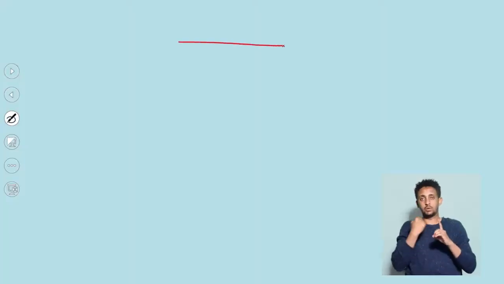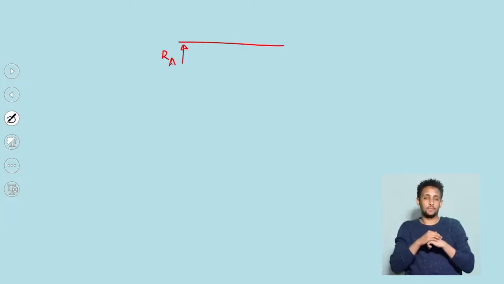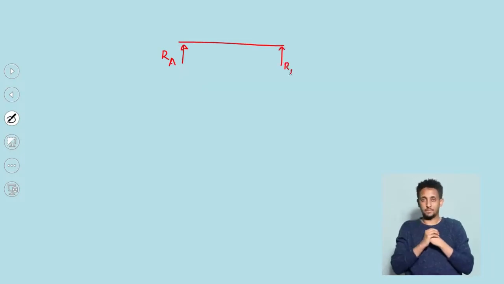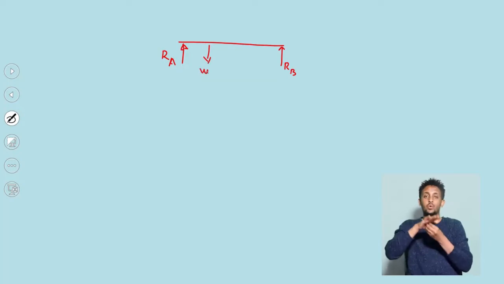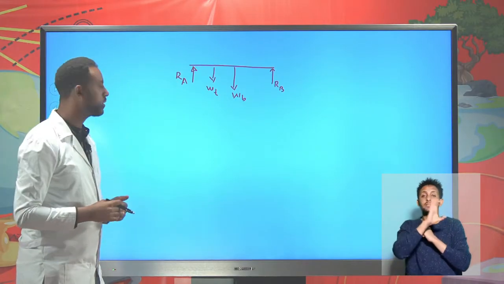Here you have the bridge, here you have the reaction force on support A, call it RA, and there will be a reaction force on support B. And there is also a force acting downward, the weight of the truck, and exactly at the center we have the weight of the bridge, which is 800 kilonewton.